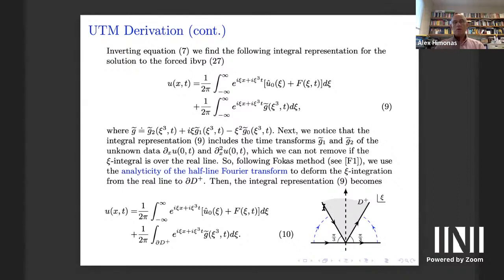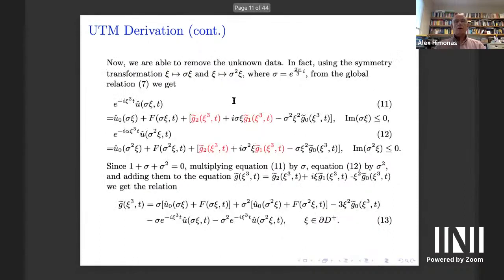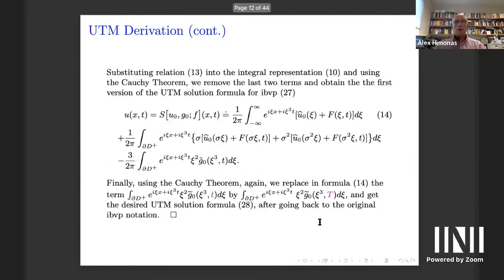So from 9 we go to 10, and then we exploit two symmetries. One is Xi goes to sigma Xi, and the other Xi goes to sigma Xi square. And out of the global relation, we derive two equations. And then solving the two equations for G1 tilde and G2 tilde, we remove this data, and we arrive at relation 14.